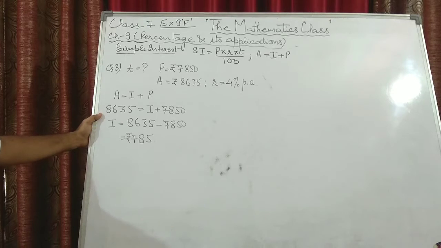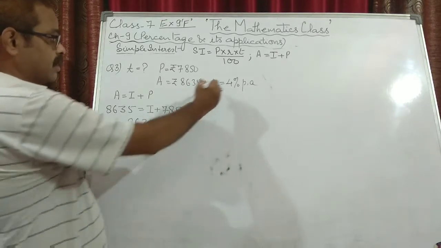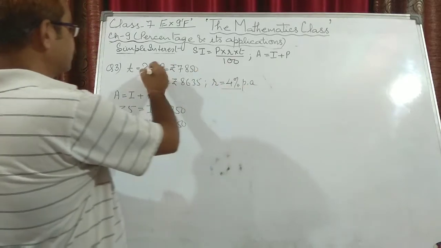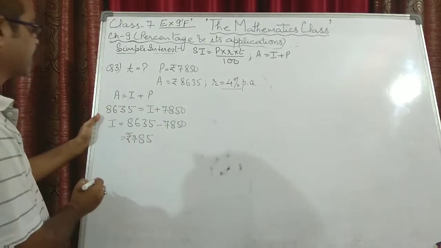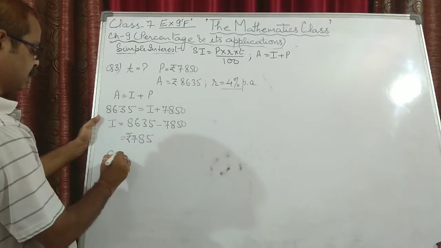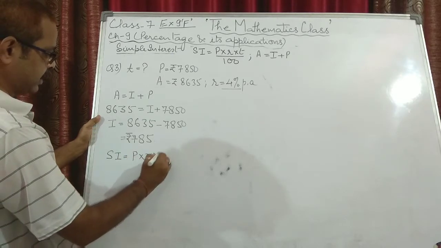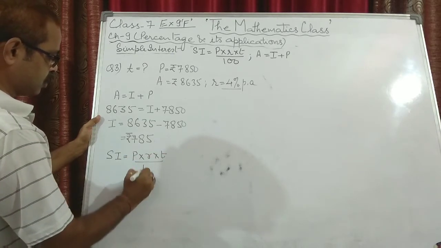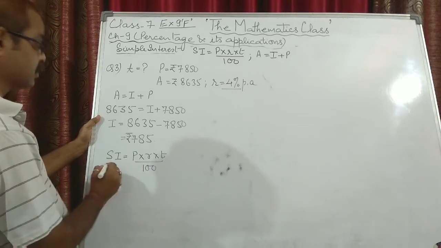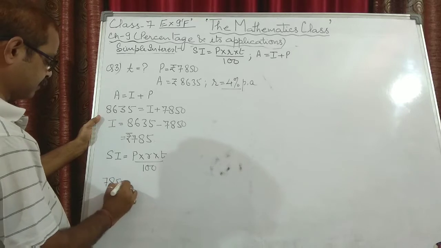Now 785 is the interest. We have got the interest. Rate is given 4%. Principal we know, we have to calculate time. So we can use this first formula. We know that simple interest is equal to principal into rate into time upon 100. Simple interest we have calculated, 785.